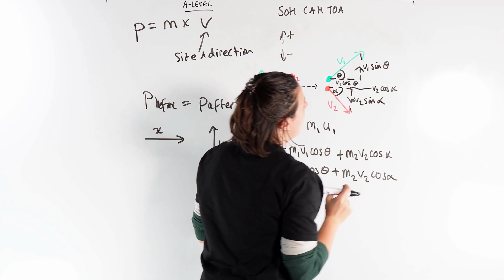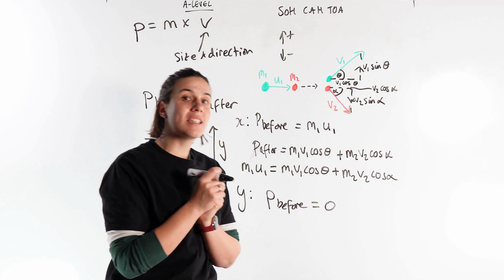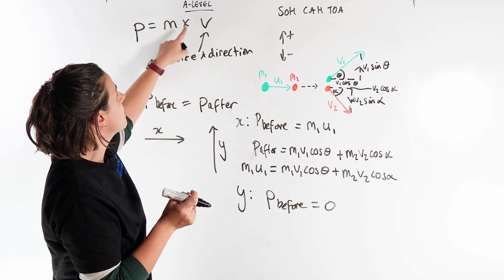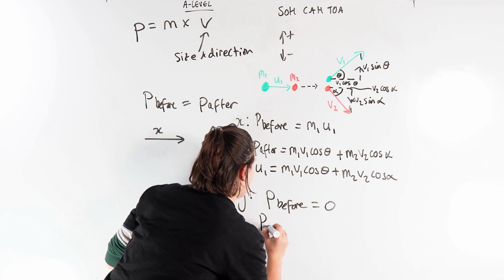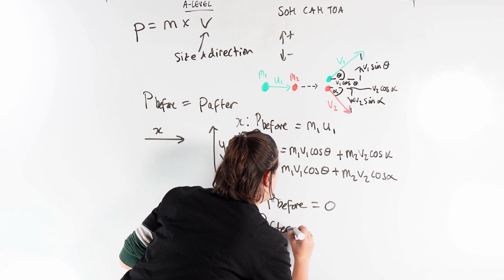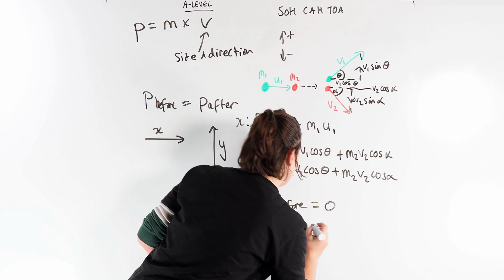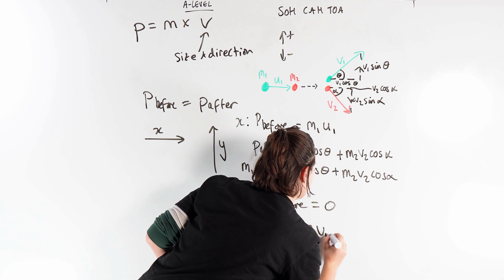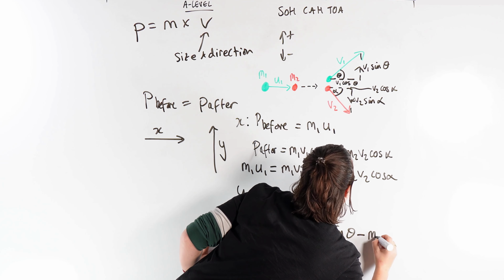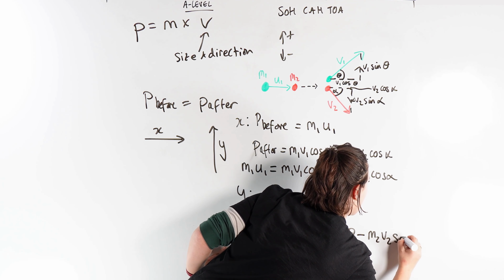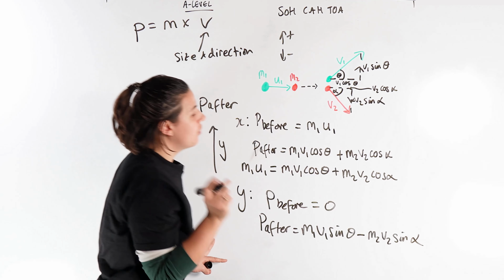Right, let's start adding these momentums together. Remember, the momentum is mass multiplied by velocity. So the momentum afterwards is going to be m1 v1 sine theta minus m2 v2 sine alpha.